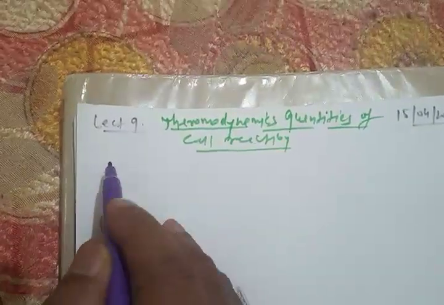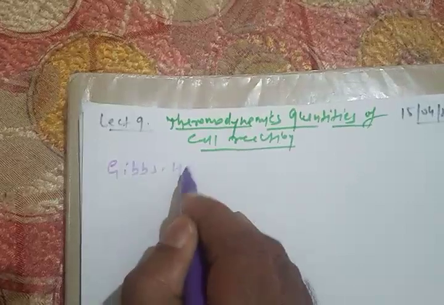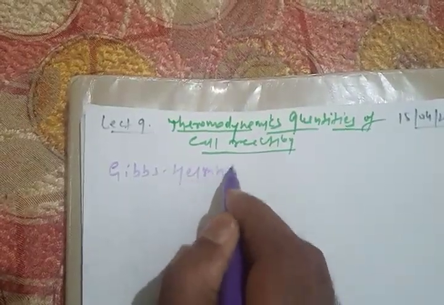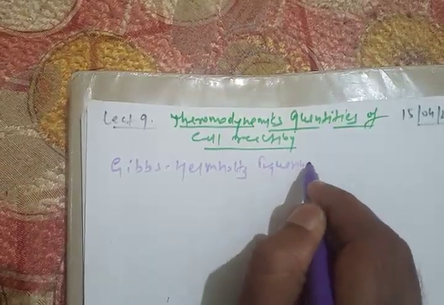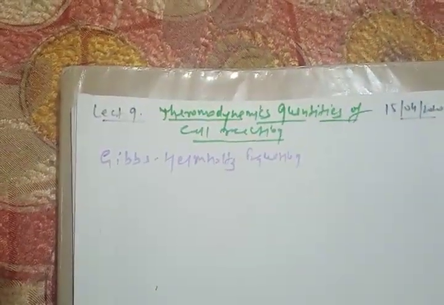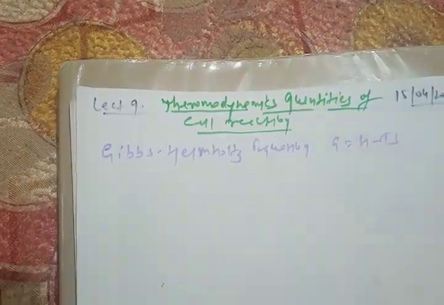Well, the Gibbs-Helmholtz equation, G equals H minus TS.